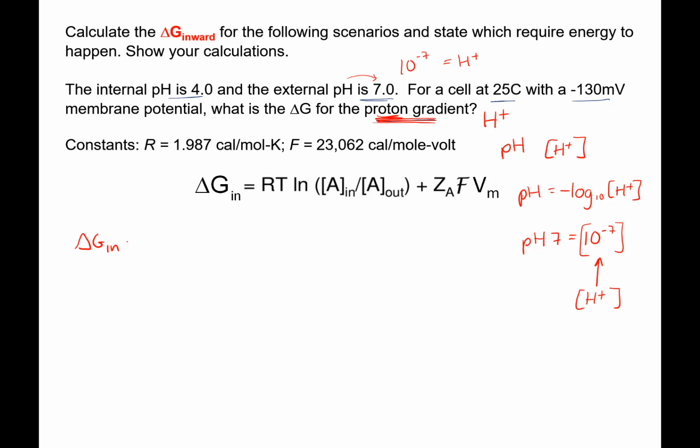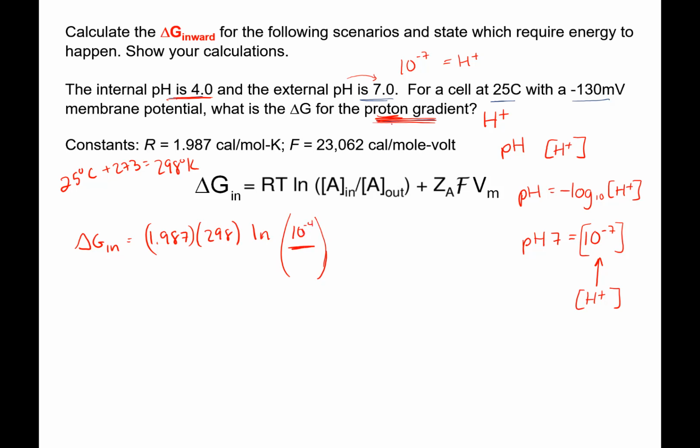So delta G equals 1.987. The temperature, so 25 degrees Celsius plus 273 equals 298 degrees Kelvin. So we got 298. And then we have the natural log of in over out. So the concentration in is 10 to the minus 4.